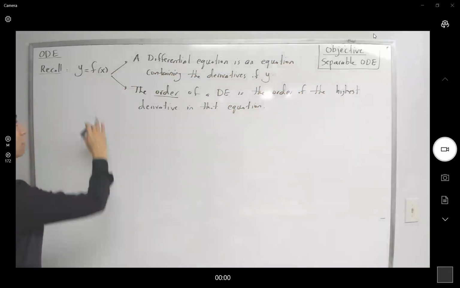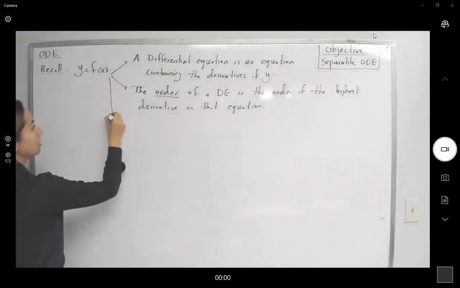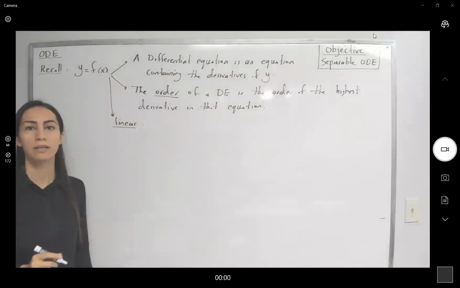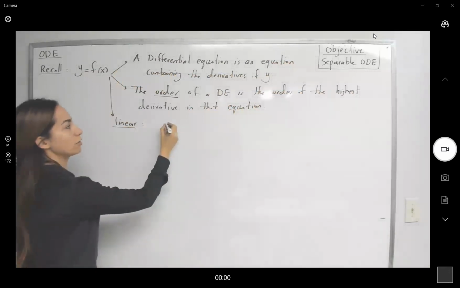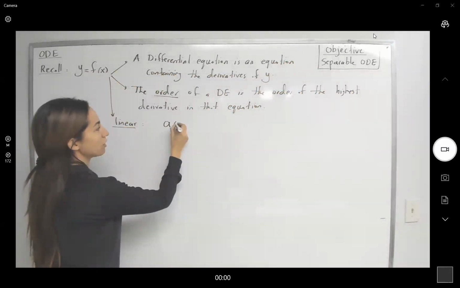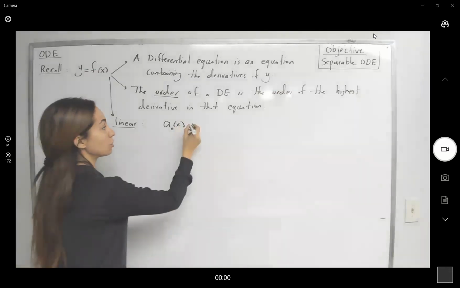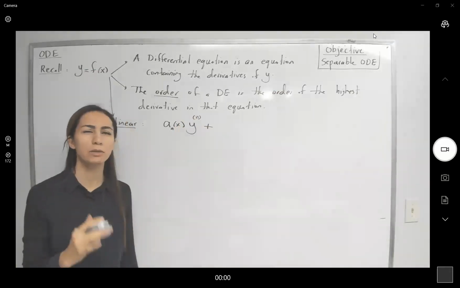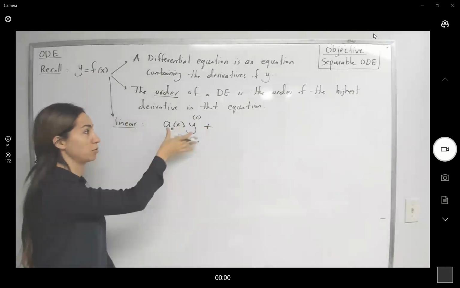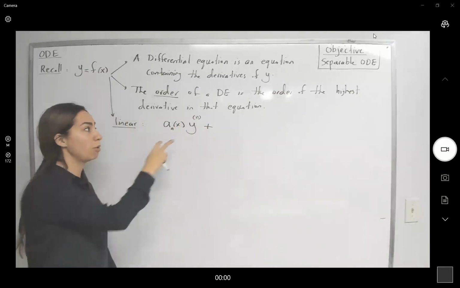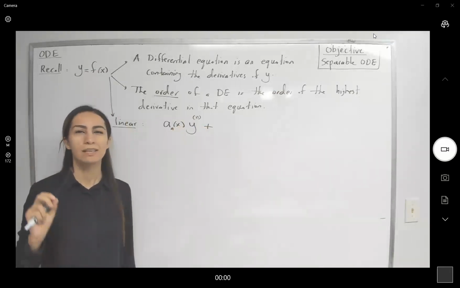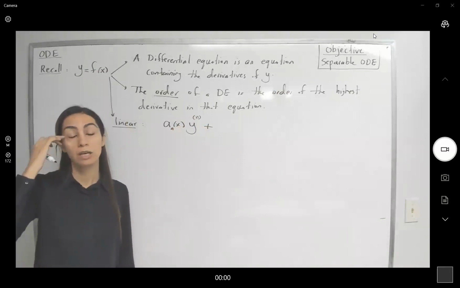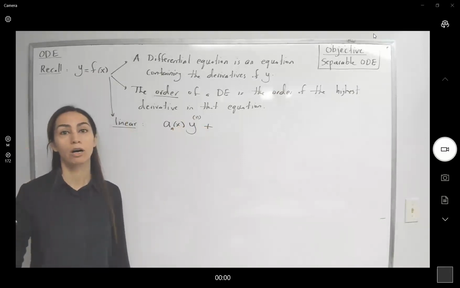We say that a differential equation is called linear if we can write it this way. If you have some expressions in terms of x multiplied by the derivatives of y, and the operation in between the derivatives and the coefficients that are multiplied by those derivatives is addition. So we have a linear combination between the derivatives of y and y itself.